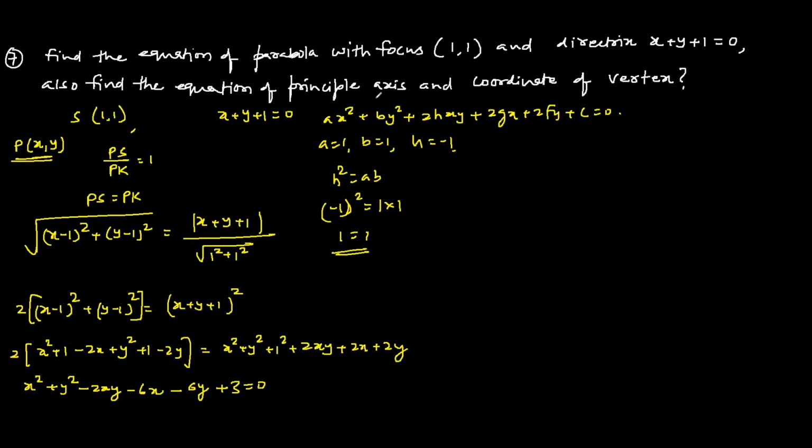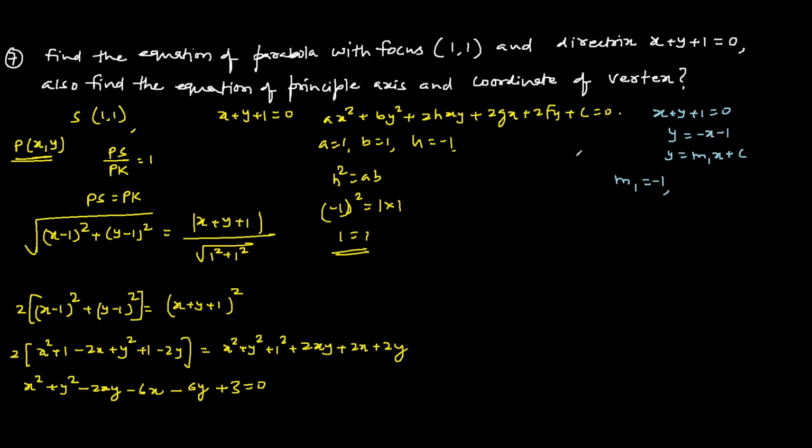Now we have to find out the principal axis. The equation of the directrix is x + y + 1 = 0, or y = -x - 1, which is in the form y = m1x + c. So the slope of the directrix is -1.